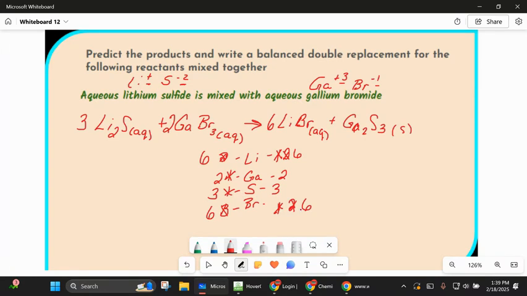Yes, sir. So if we balanced it too high, would you still mark it wrong but still balance? It's still going to be balanced, but you're going to lose 1 point of your balancing because it has to be in lowest terms. It's kind of like how these need to be in lowest terms because they're ionic? So does your equation. Here's the other thing, though. We do get to some numbers like 6.